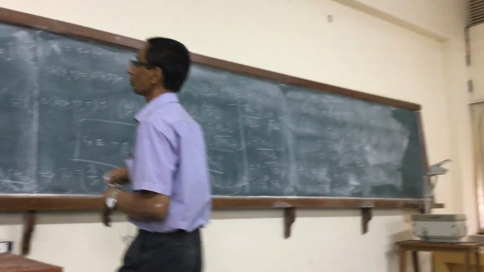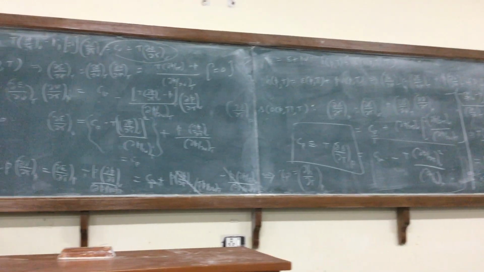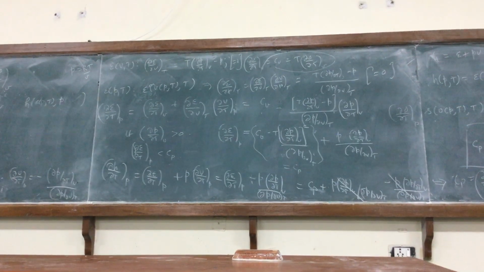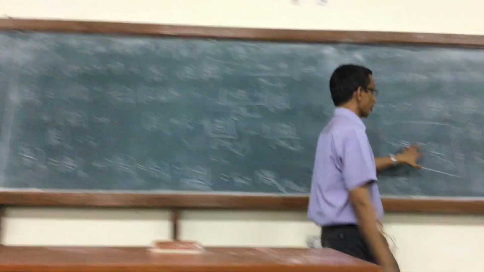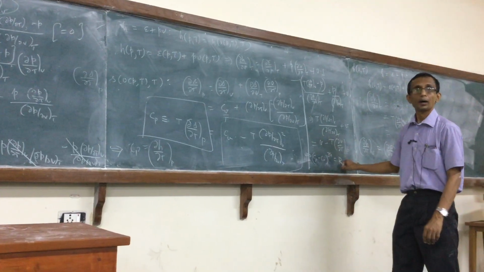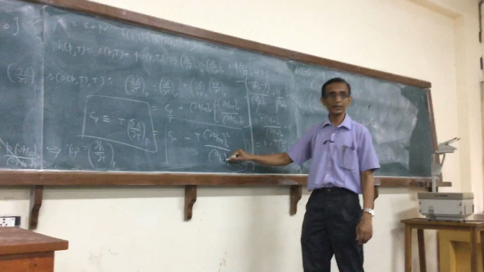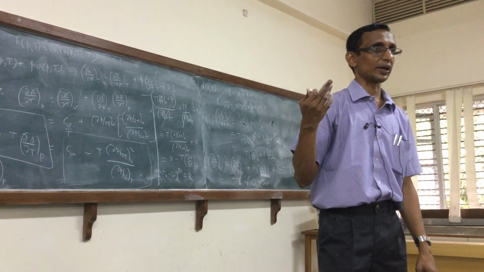So what I am saying is that you can recover all those important properties. The internal energy of the ideal gas is a function of temperature. Further, Cp minus Cv is equal to R. If you substitute for dP by dT and dP by dV, you will get that. I'll let you simply verify that.